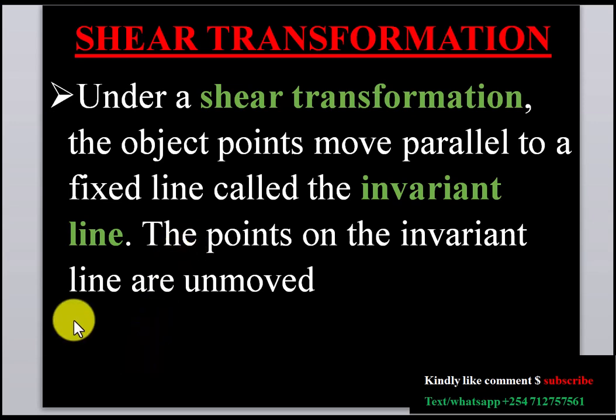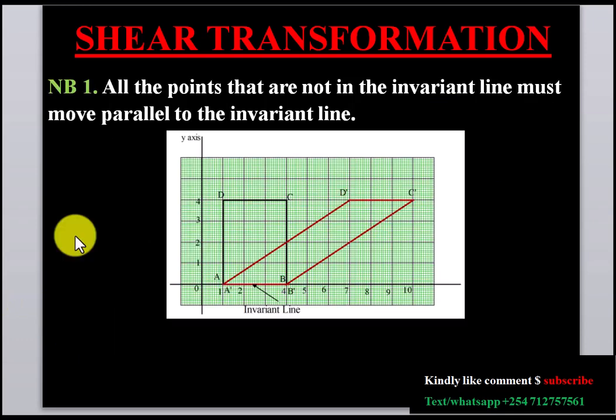Let us go through a few NBs that we need to take into consideration before we discuss this subtopic known as shear transformation in detail. Note number one is that all the points that are not on the invariant line must move parallel to the invariant line.